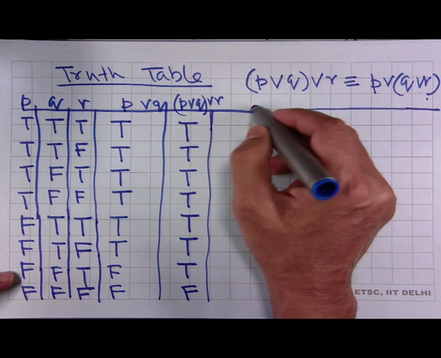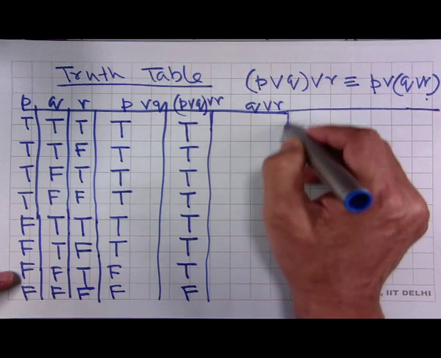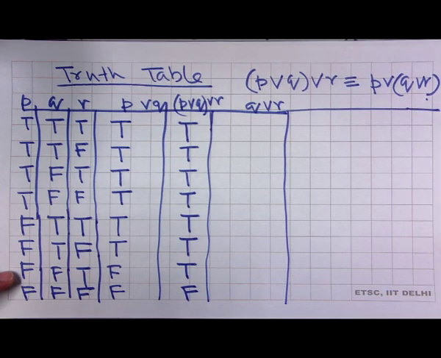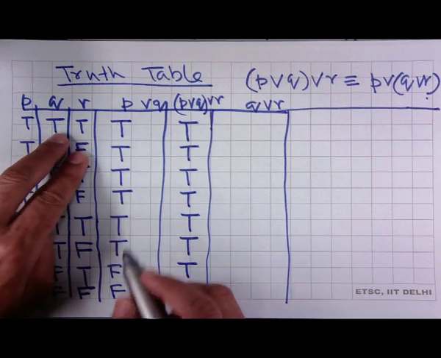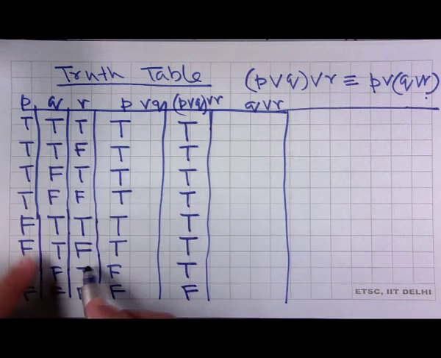So, let us compute Q or R. Q or R, we will be ORing between the values along these two columns.